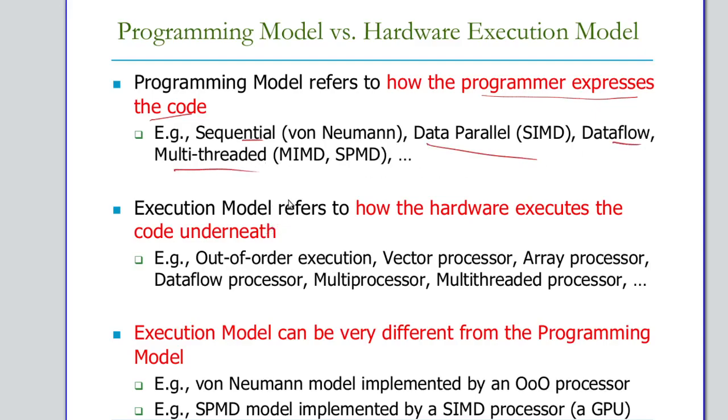Execution model refers to how the hardware executes the code. The hardware itself may be a vector processor, out-of-order execution, array processor, data flow processor, multiprocessor, or multi-threaded processor. So this is how it actually operates.